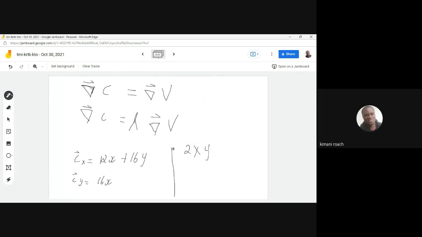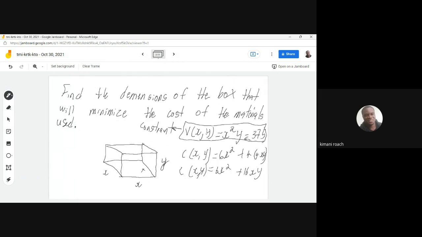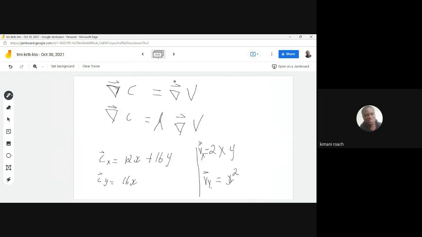And so that's the gradient function with respect to x. And now we need to find the gradient function with respect to y. Right? And that's going to be x squared y. When we differentiate y, it becomes 1. So we're left with x squared.